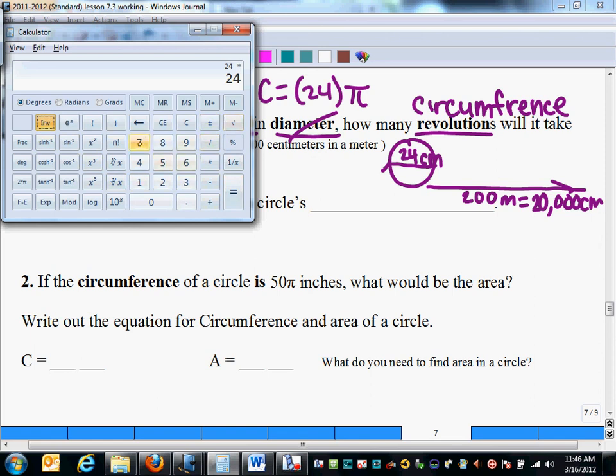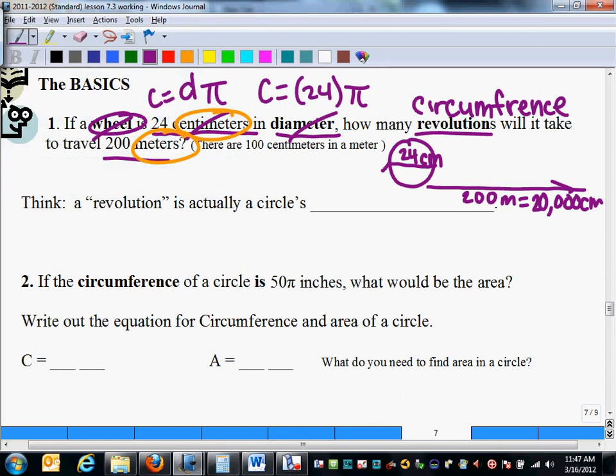I can't find it. Times 3.14. It's fine. Write it down. Okay, equals. Great. Write that down, please. 75.36. And then unit squared.